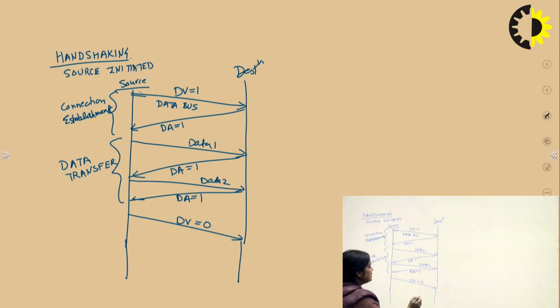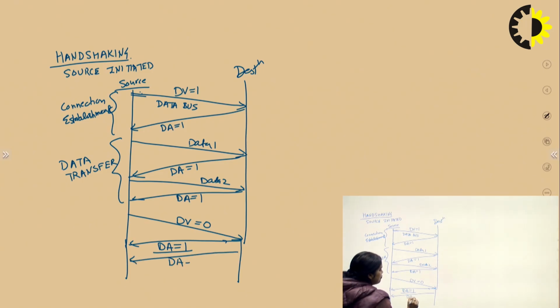Now, the destination again transmits the data accepted line as 1. It means whether you have a data or not, I still receive your signal. I receive this signal, and DA equal to 1 means acknowledgement from there. And now it is transmitting that I am not going to accept any data.